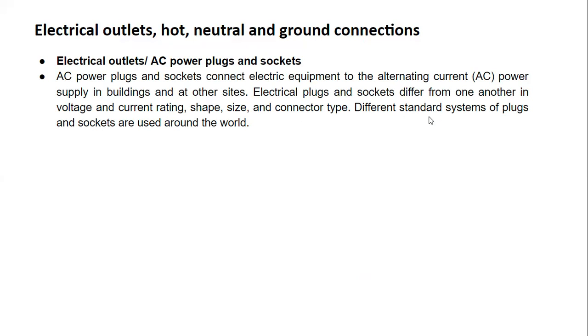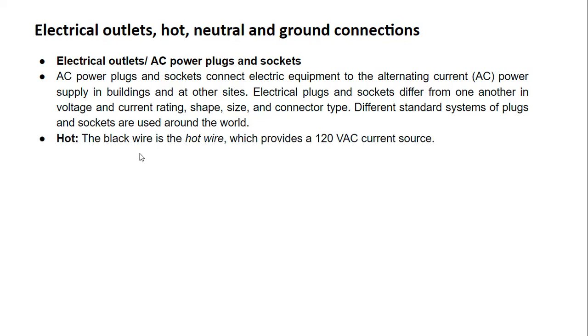Electrical plugs and sockets differ from one another in terms of the voltage supplied, the current ratings, the shape, the diameter of the wire, and the connector type, depending on which device or appliance they are providing the electrical supply to. So different standard systems of plugs and sockets are used around the world.